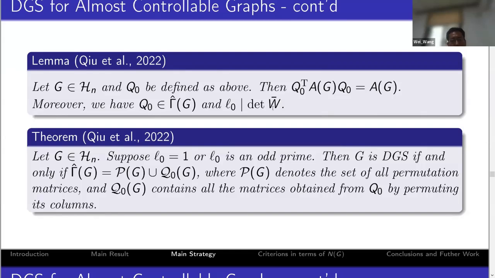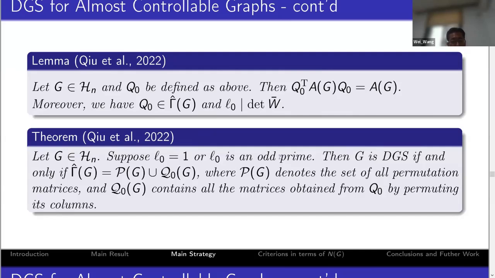So this is something different for almost controllable graphs and controllable graphs. For almost controllable graphs, we have this criterion for being DGS. Suppose G is an almost controllable graph, and suppose L0 equals 1, or L0 is an odd integer.